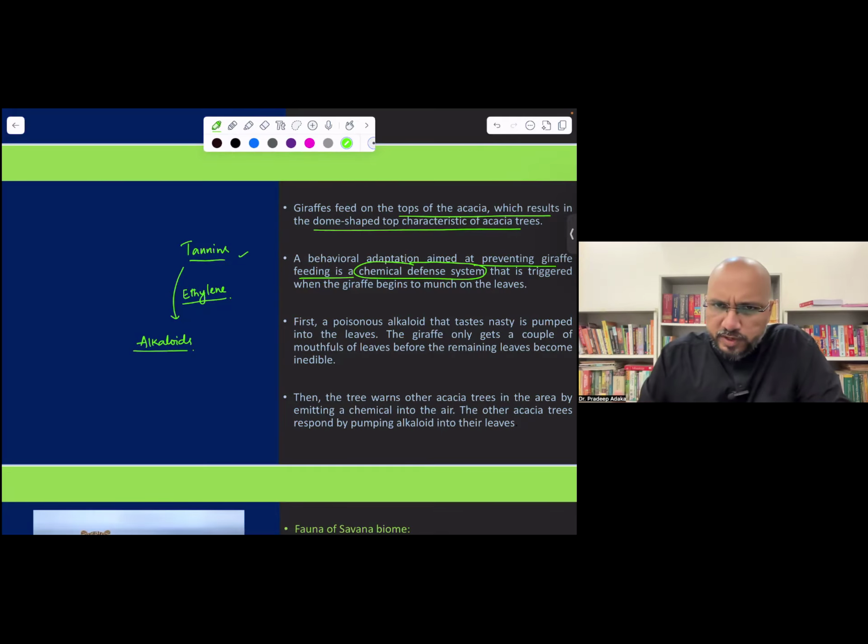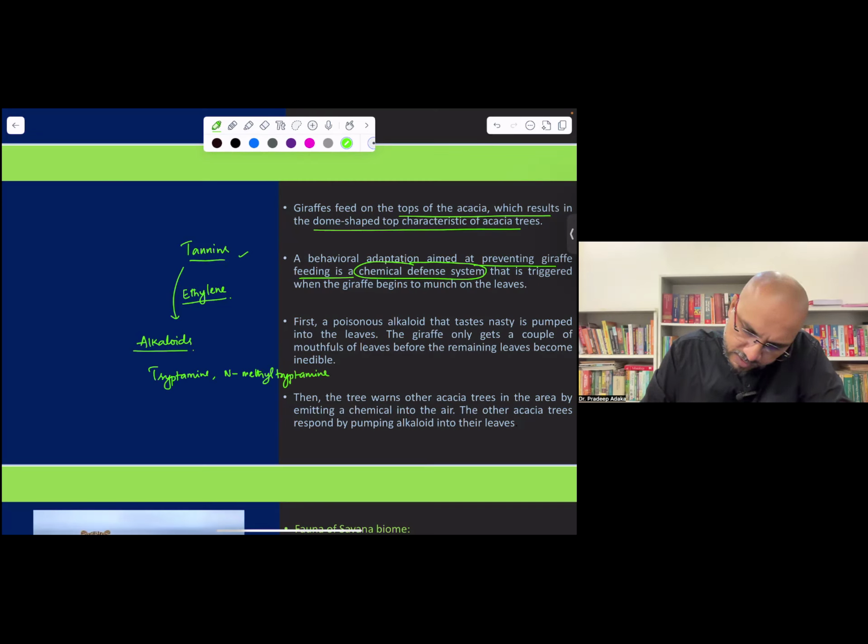So there is a mix of alkaloids, not a particular alkaloid, like tryptamine and methyl tryptamine, then you have phenethylamine, nicotine, okay, amphetamines.